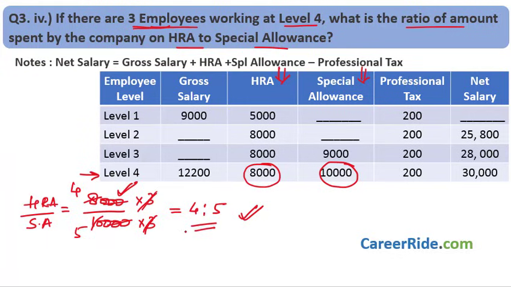But they are given to you to check your mathematical mind and see if you are able to use them correctly in the question or not. So my ratio here for HRA to special allowance is 4:5. The question is very, very easy, nothing difficult here at all. Just don't get overwhelmed with the information that is given to you, okay?